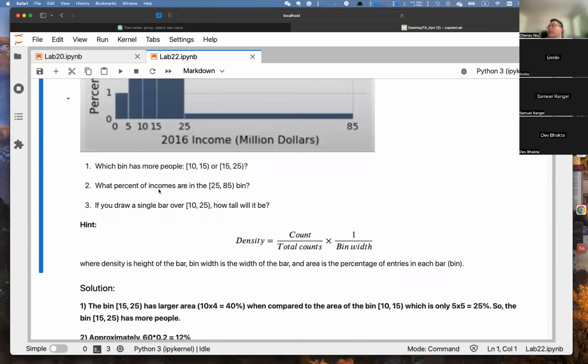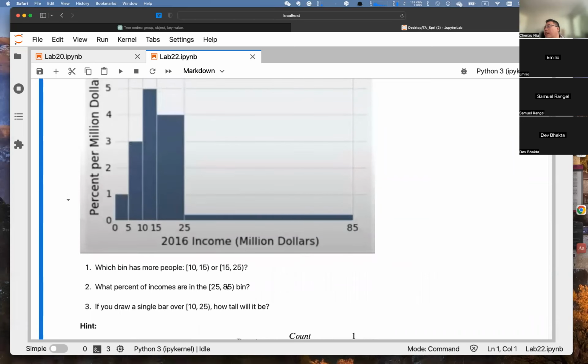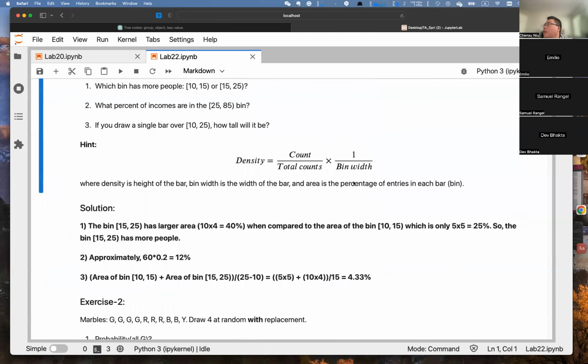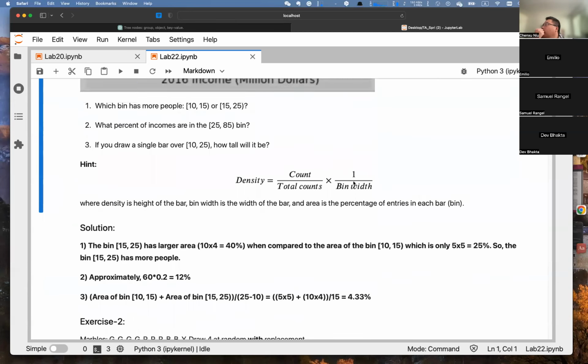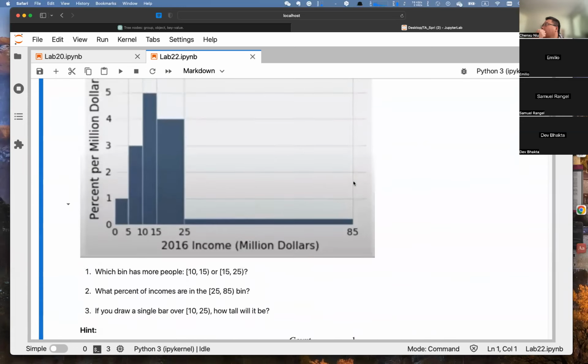Next: what percent of the incomes are in the 25 to 85 bin? For the last bin, we set the height to 0.4. I thought it was over volume density. Yes, you're correct.